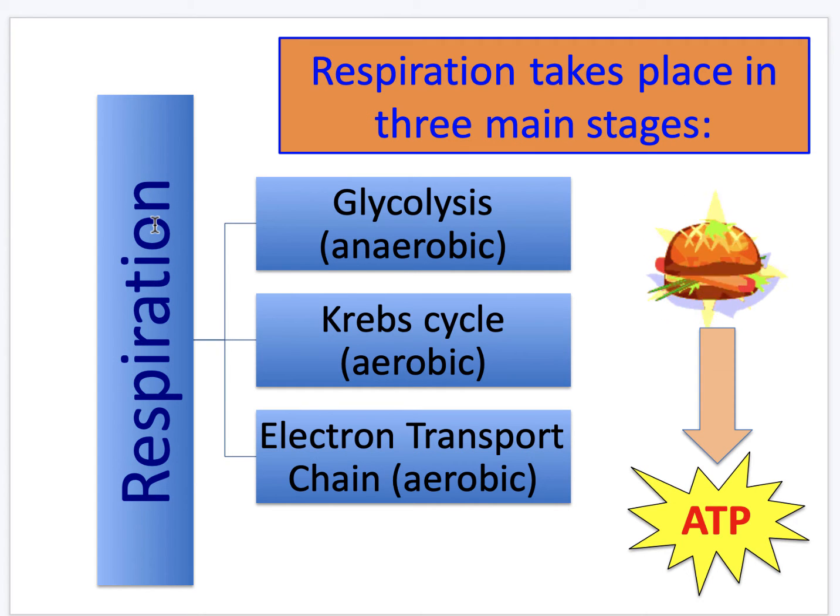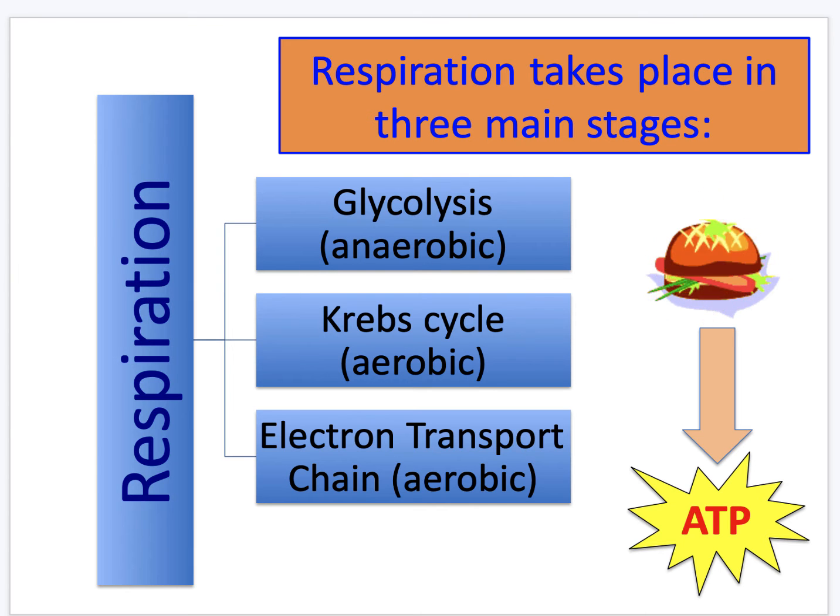There are 3 stages to cellular respiration. The first one is called glycolysis. It says that it is anaerobic. This is how respiration always starts, through an anaerobic process.